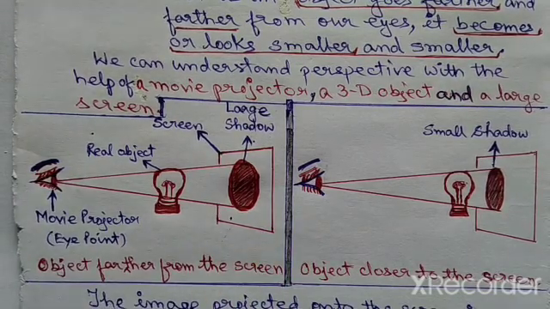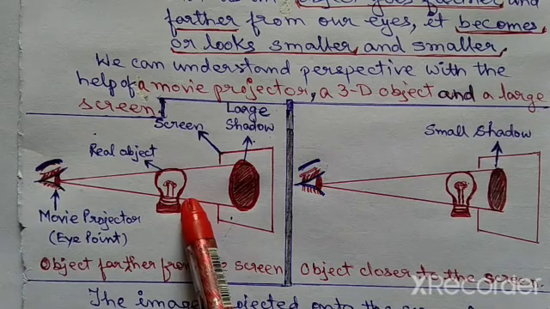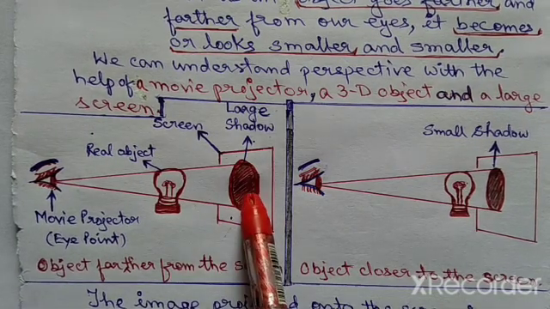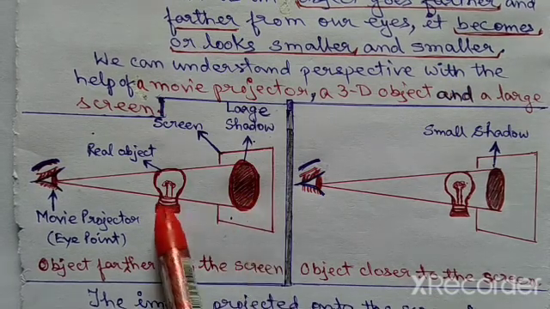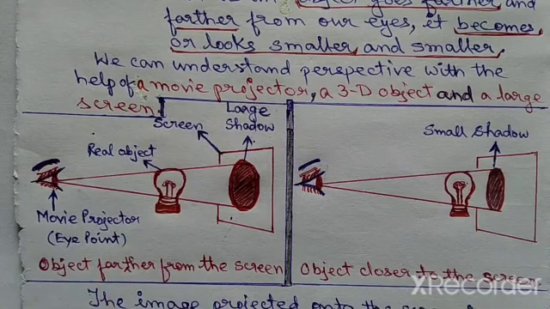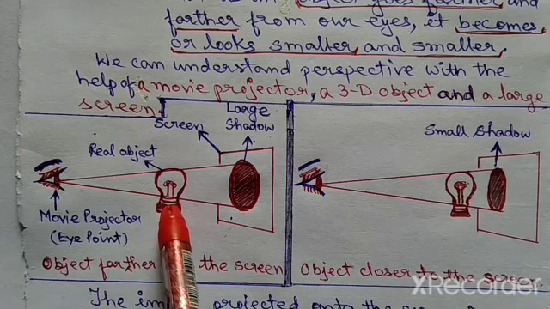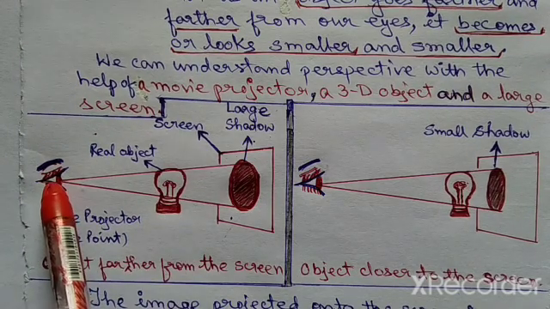Understood children? So in this picture, what do we see? The shadow of the bulb is called the perspective image of the object, that is the bulb. The size of the shadow of an object depends upon the distance of the object from the projector.